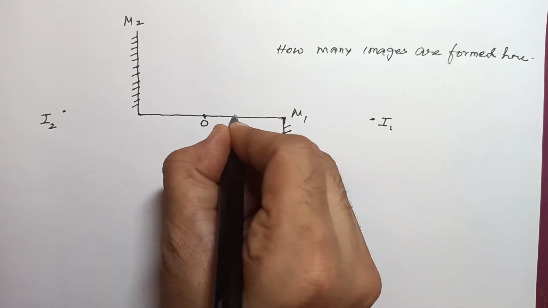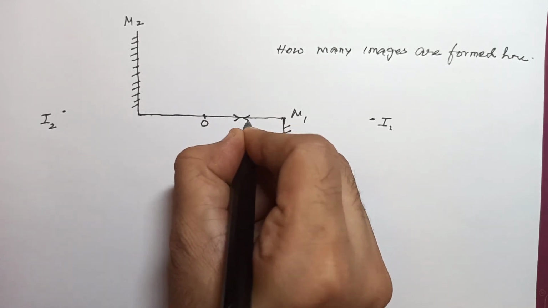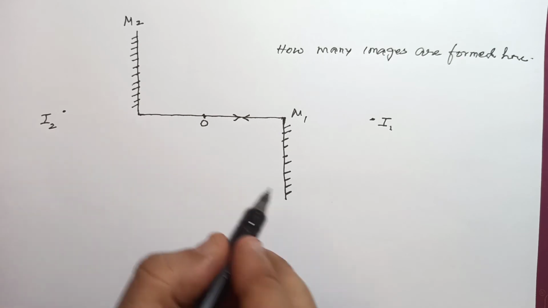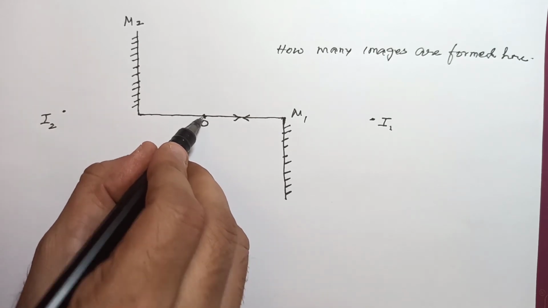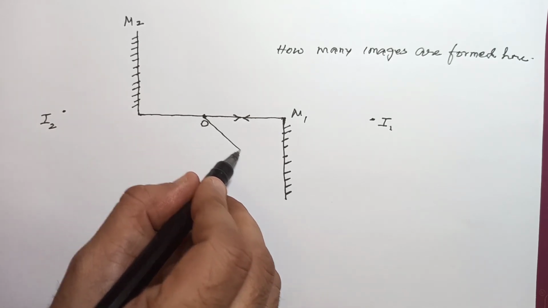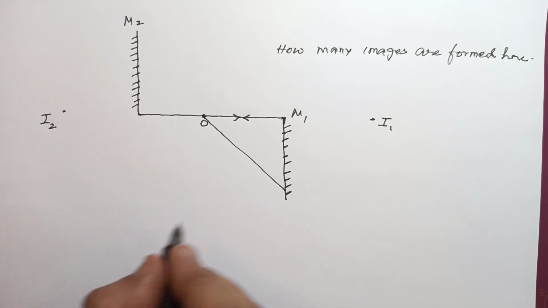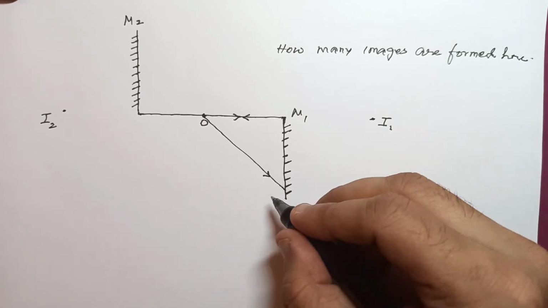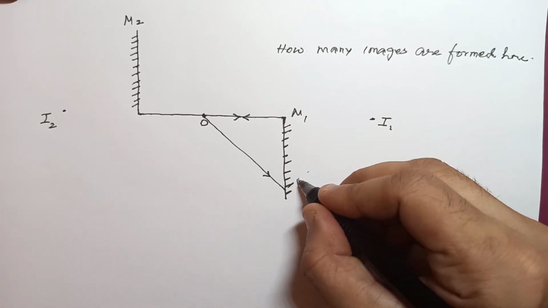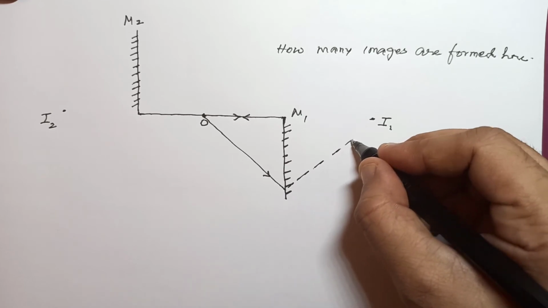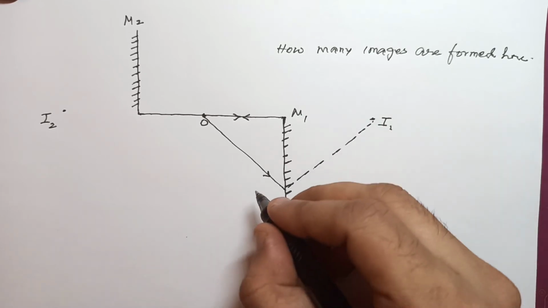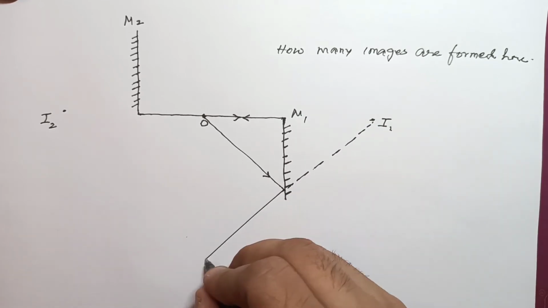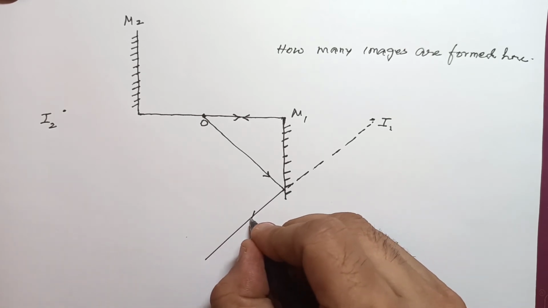If the ray goes here, then it will come back in the same path. Now let's take one ray somewhere here. The path would be this.